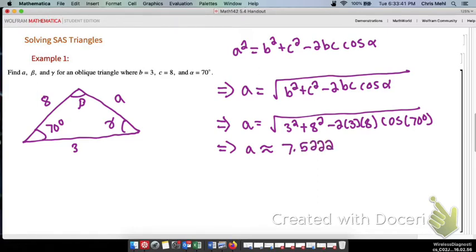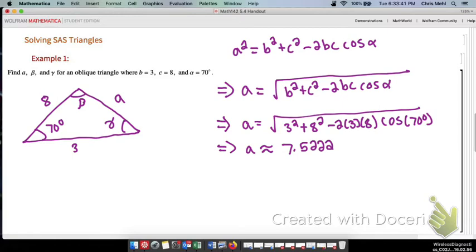And again, I'm rounding all of these intermediate values to 4 decimal places to eliminate rounding errors if I want all my final answers to be rounded to 2 decimal places. Okay, so now I know A.